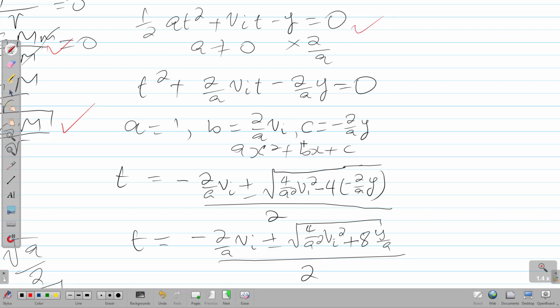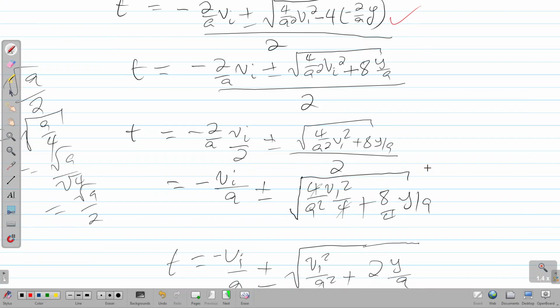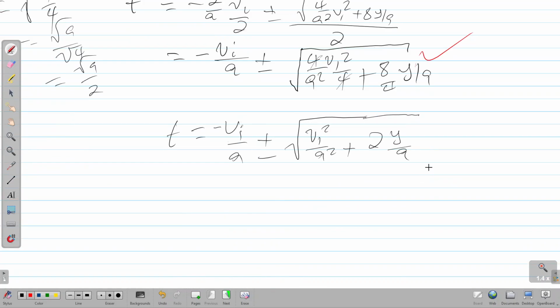And then the quadratic formula, that's a mark, and then the substitution, that's another mark. And then you simplified, that's another mark there for simplification. And then this is your final answer there.